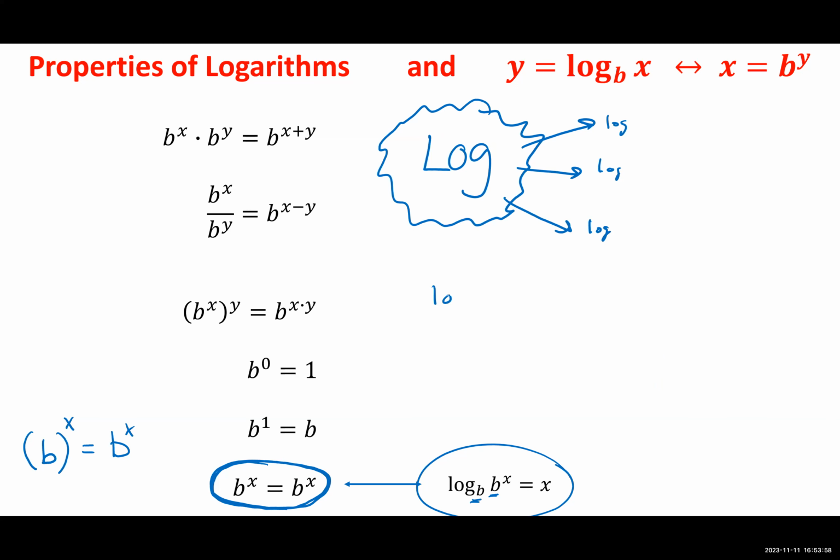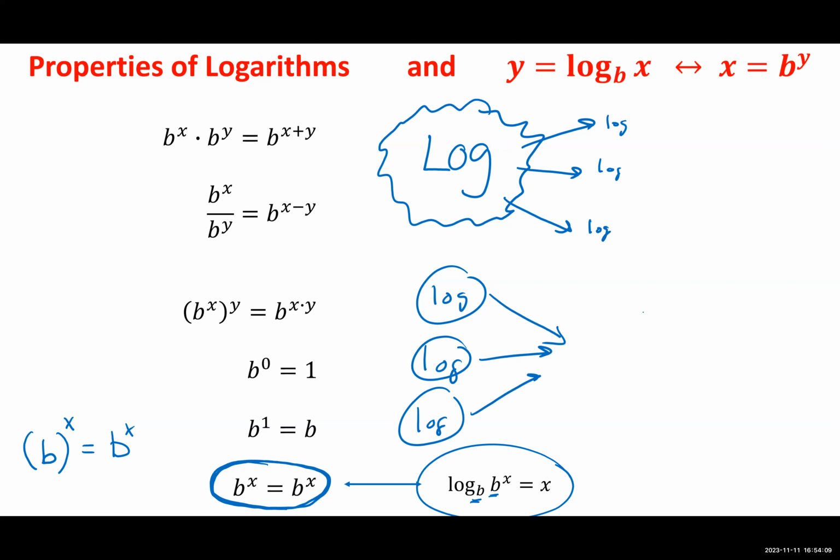And sometimes we're going to start with a bunch of simpler pieces, simpler logs. I'm being very, very informal in my notation here. And we're going to combine them into one more complicated logarithm.